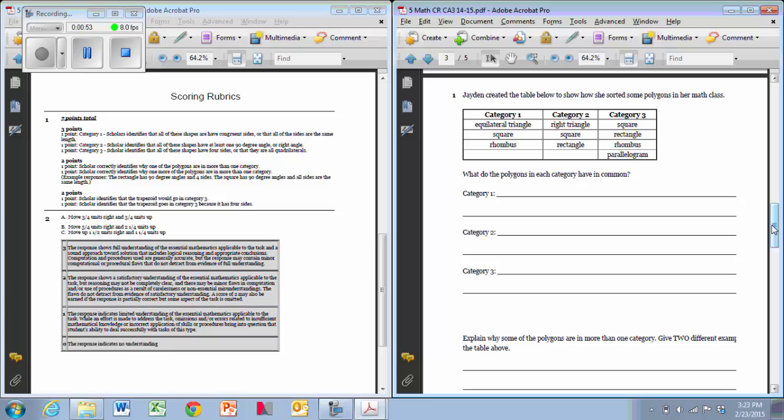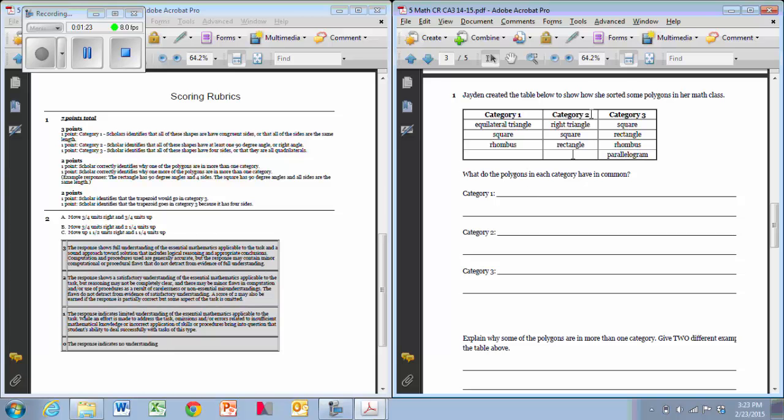Number 1 is worth a total of 7 points, as you'll see over here on the rubric. This first section is worth 1 point for each of the 3 categories. For category 1, each of these shapes has equal length sides, and they should write a sentence that notes that they understand that.